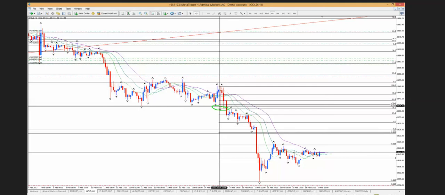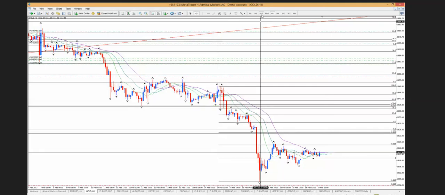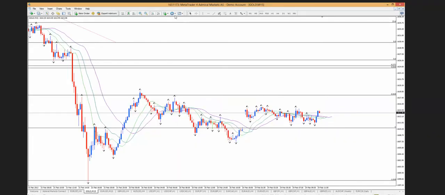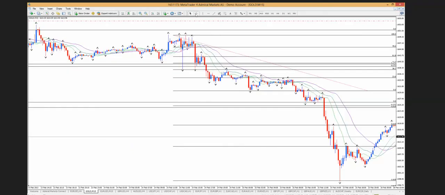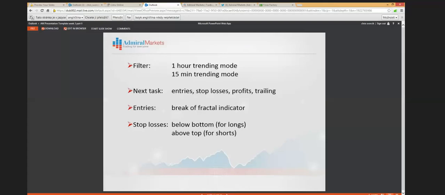Or I can even go to the 15-minute here and show you like this. If we get a break of this fractal right here, we have the moving averages lined up, and that's where we get our entry. Our stop is above this fractal, and then this trade is ours. All right, so that's the fractal.